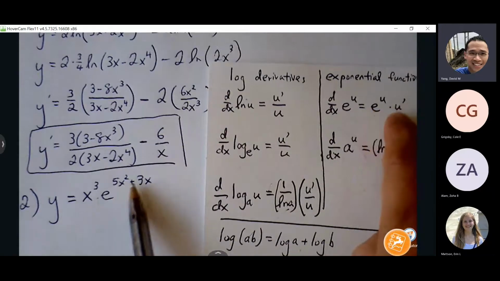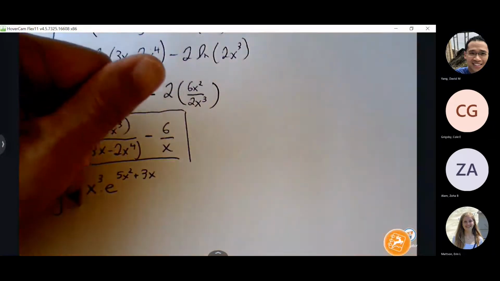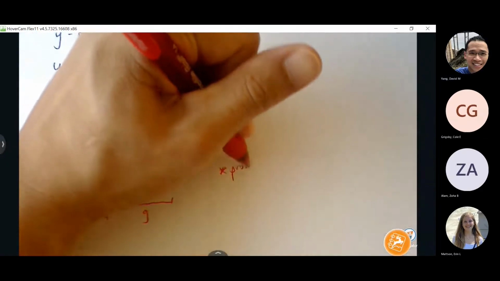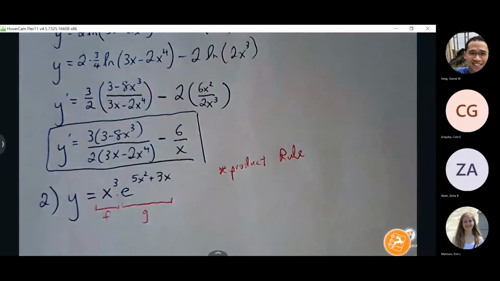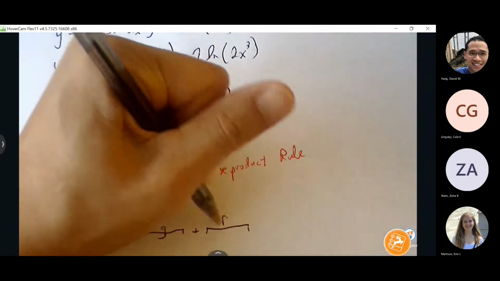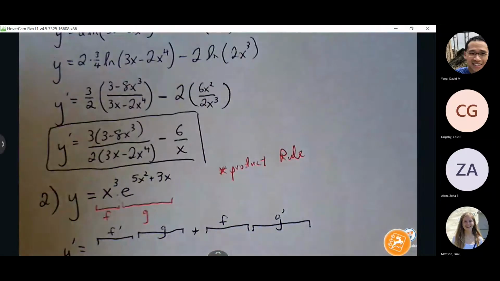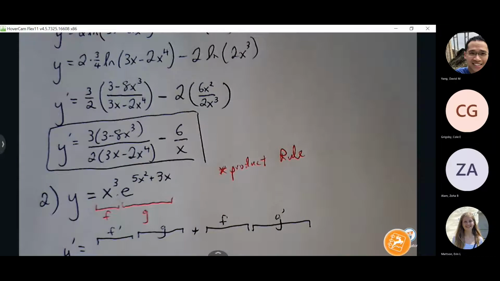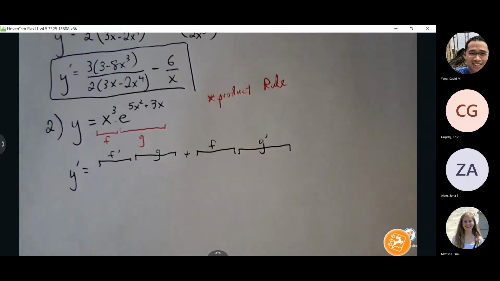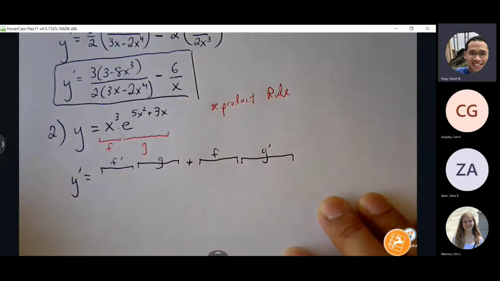Eventually I'm going to do this e to the u times u prime, but I'm going to start off understanding that my derivative is going to come within the context of the product rule here. Okay, so f prime g plus f g prime.